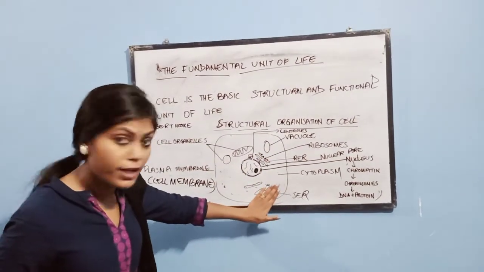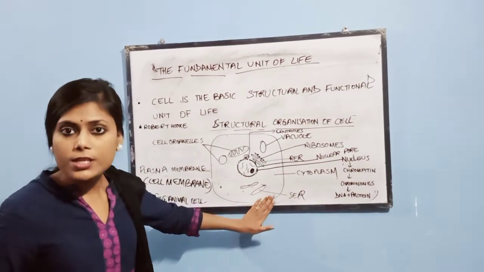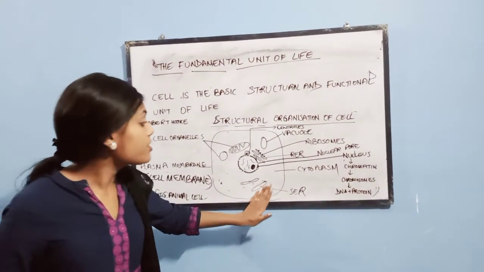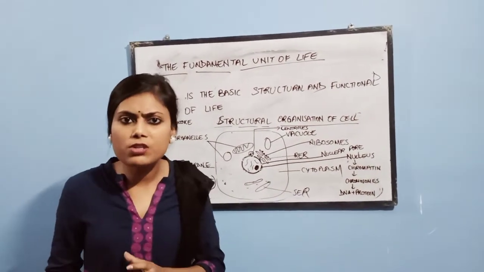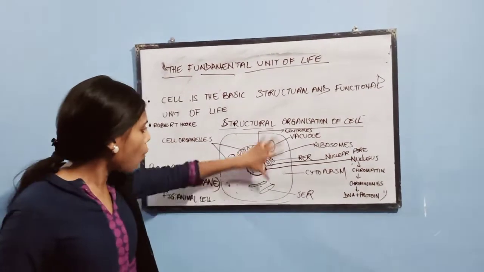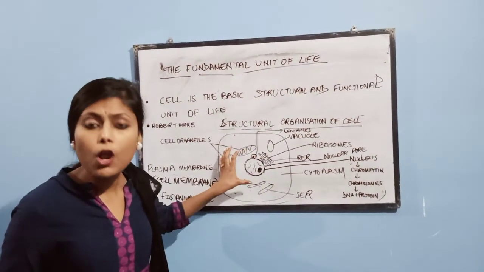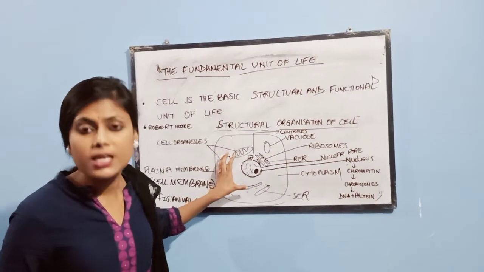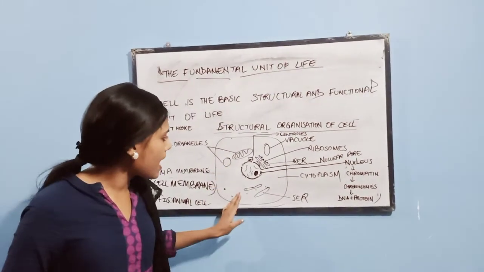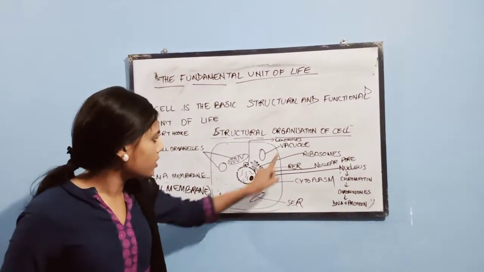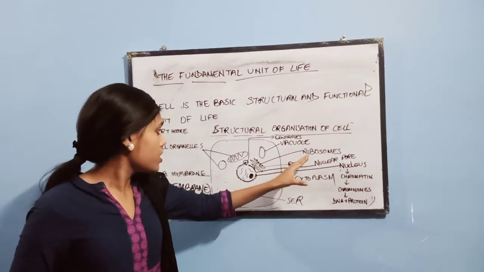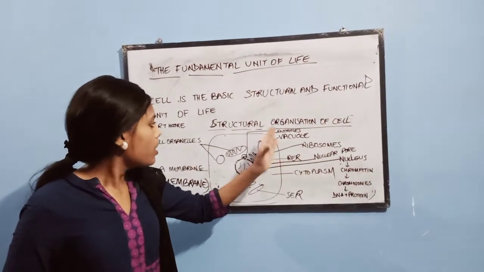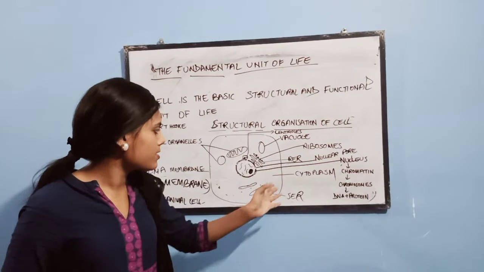Here we have the cytoplasm, which is the homogeneous translucent fluid in which all the various cell organelles are suspended inside the cell. Besides the cytoplasm, there are other cell organelles, which include the ribosomes, centrioles, vacuoles, etc.